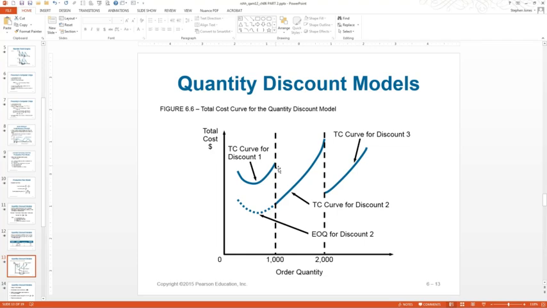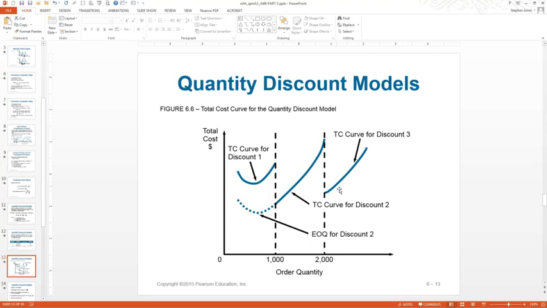But it switches for discount 2, because if you go to this level of 1,000 units, it now drops the total cost to this, whereas your EOQ is still here.